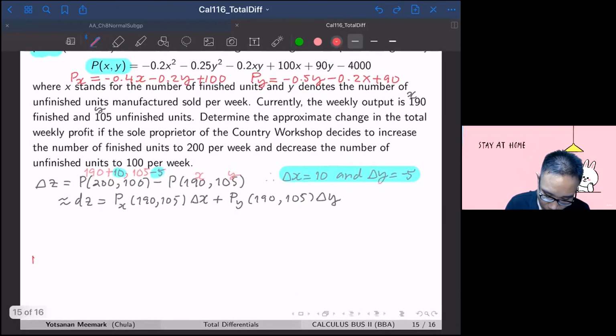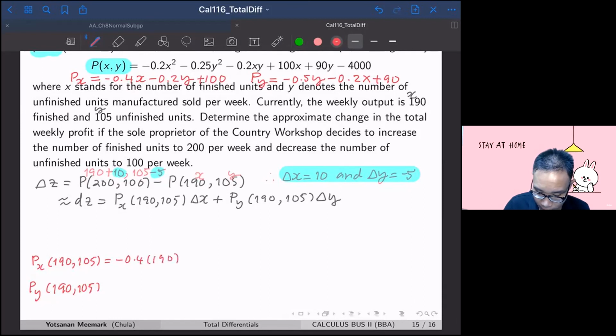Okay, good. So you have px at 190, 105, and py at 190, 105. Okay, so you see that it's going to be negative 0.4 times 190 minus 0.2 times 105, and you have plus 100.